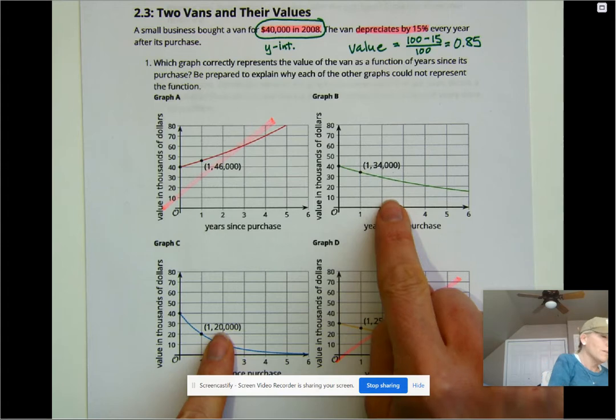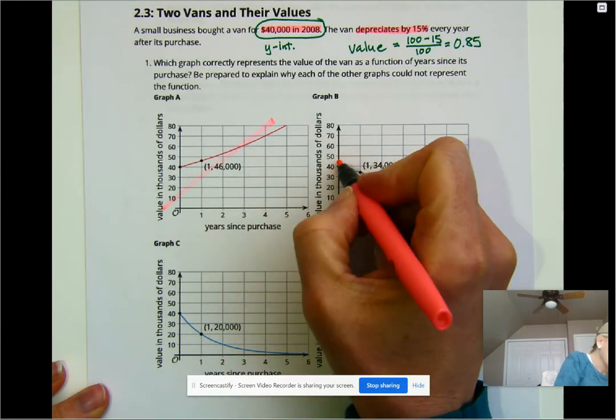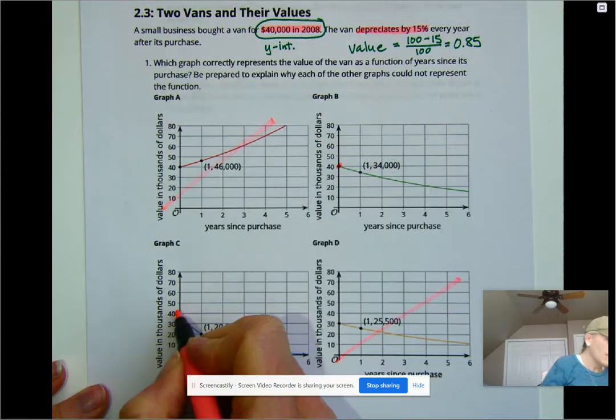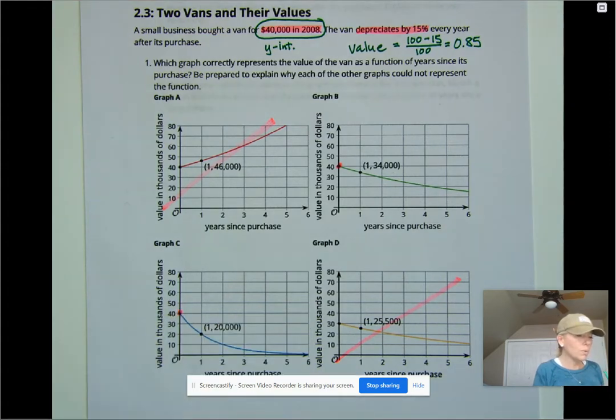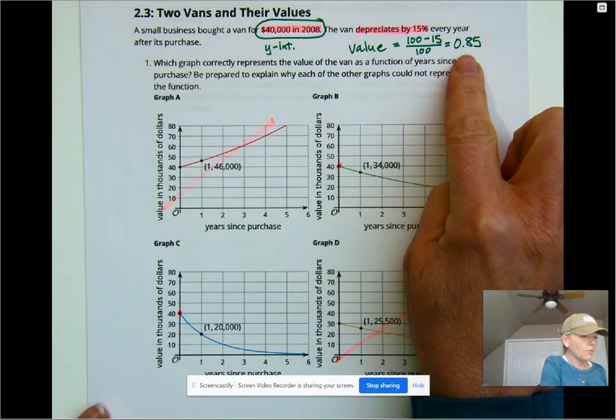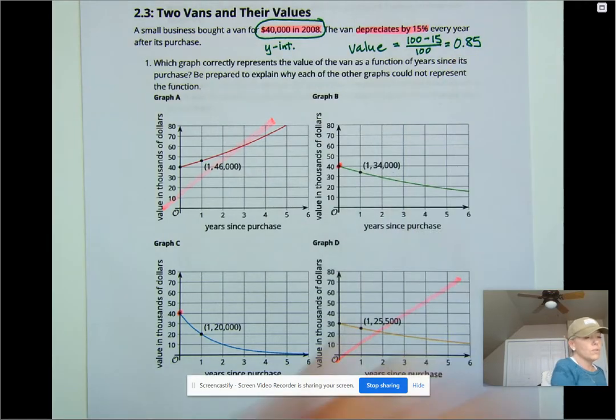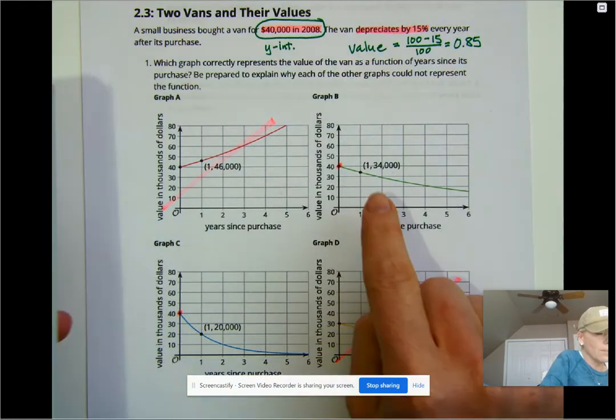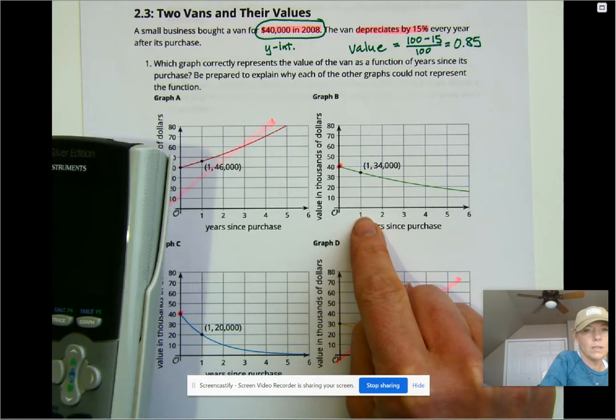They both have the correct initial amount, and then we have to determine which one is using a decay factor of 0.85. And so to do that, we can use the information given after 1 year.